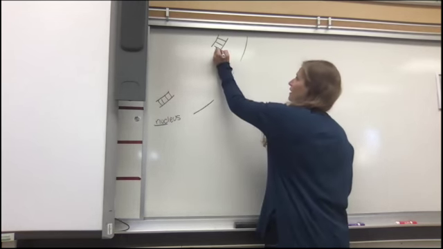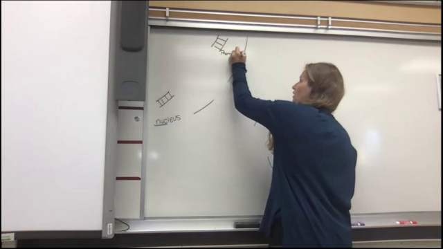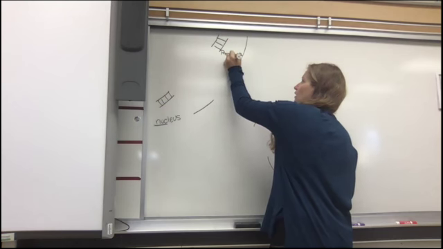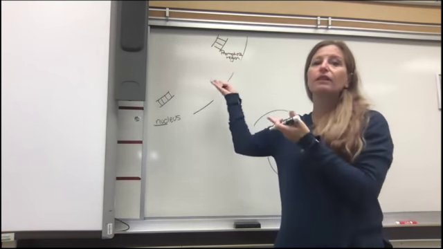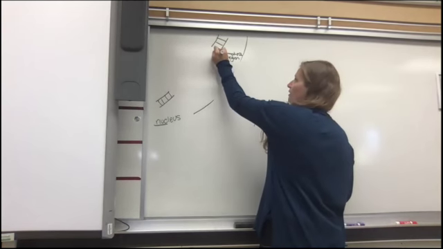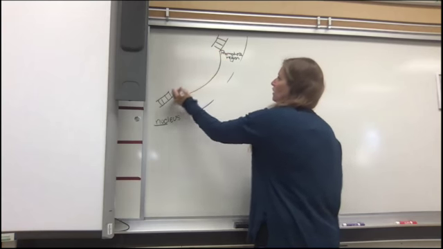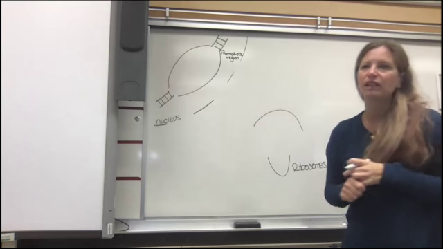When it finds it, it looks for a promoter region. This is like the flag that says, hey, here's where that gene is. When RNA polymerase finds the promoter region, it opens up a bubble of your DNA just where that gene is.